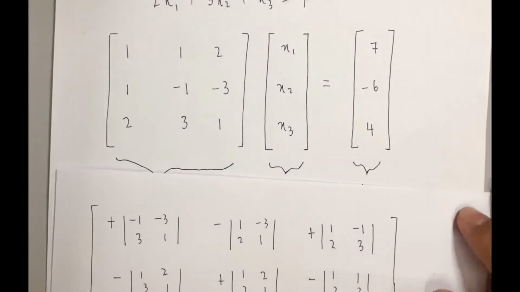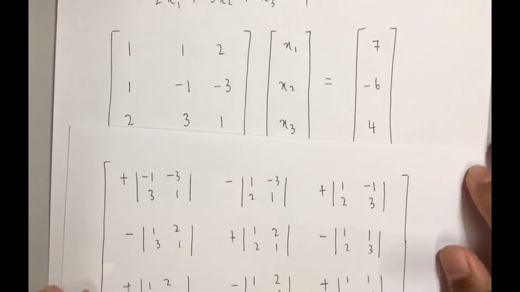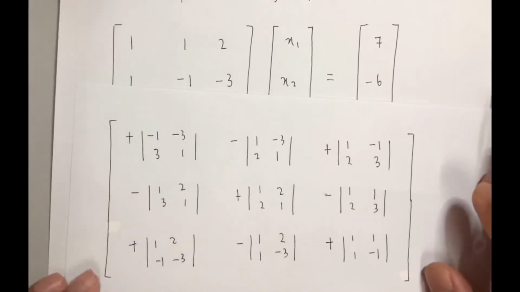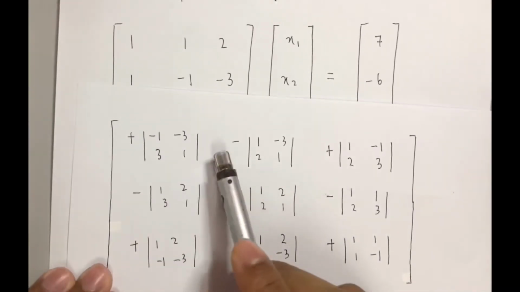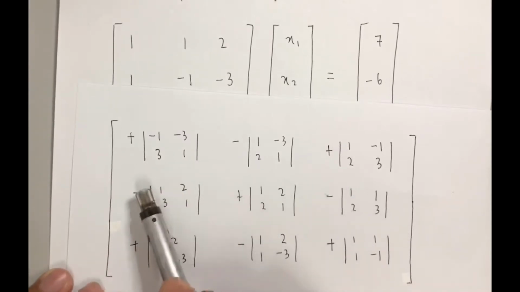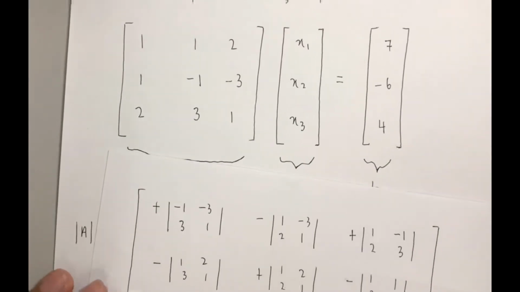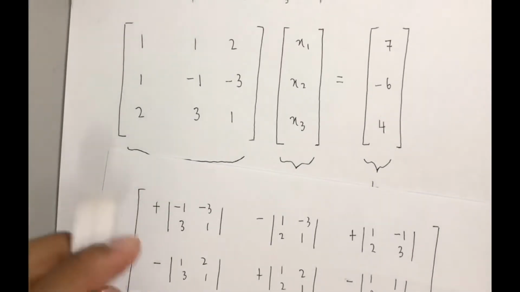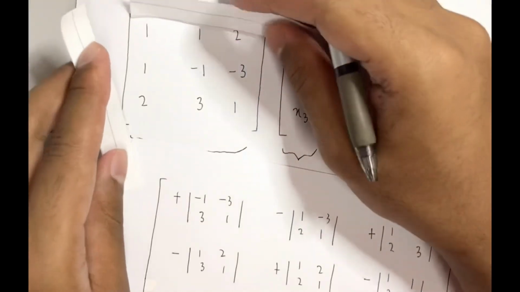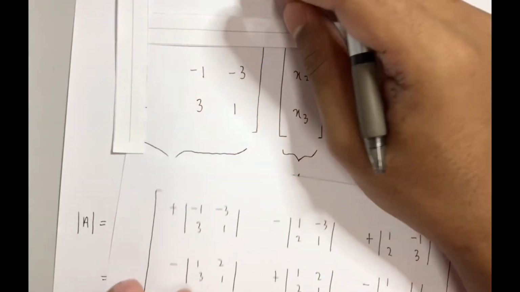After that, you must change the signs: positive, negative, positive, negative, positive, negative, positive, negative, and positive. You need to cover up the first row and the first column like this.